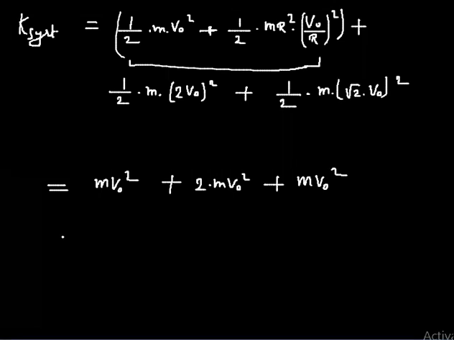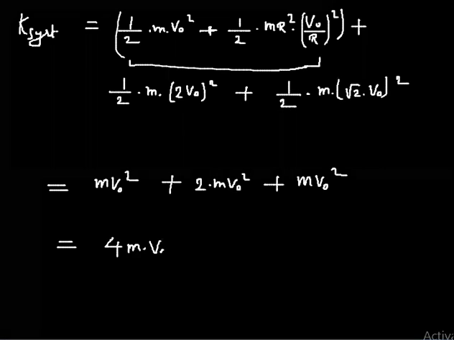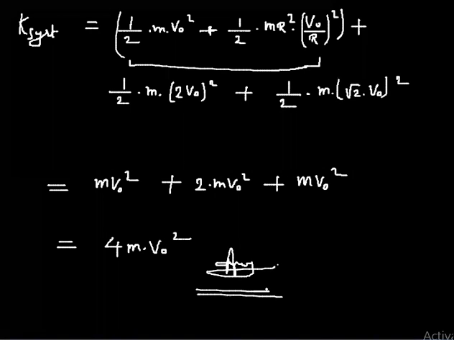So the kinetic energy we get for this system is 4 m v naught square. Quite easily done.